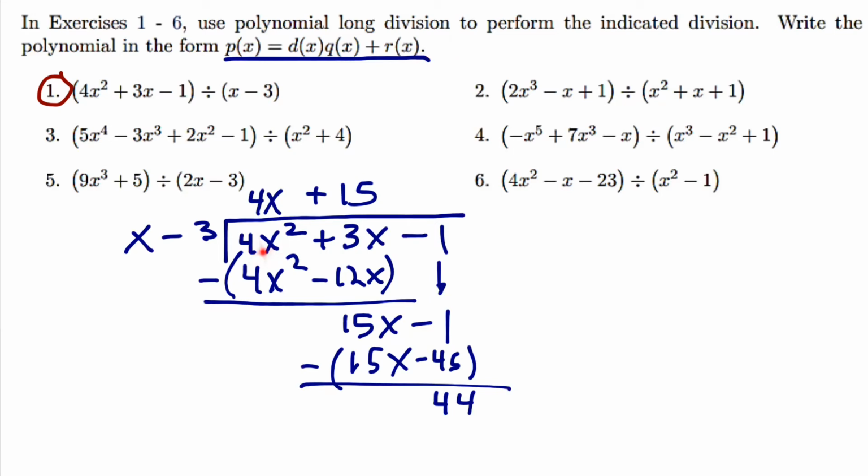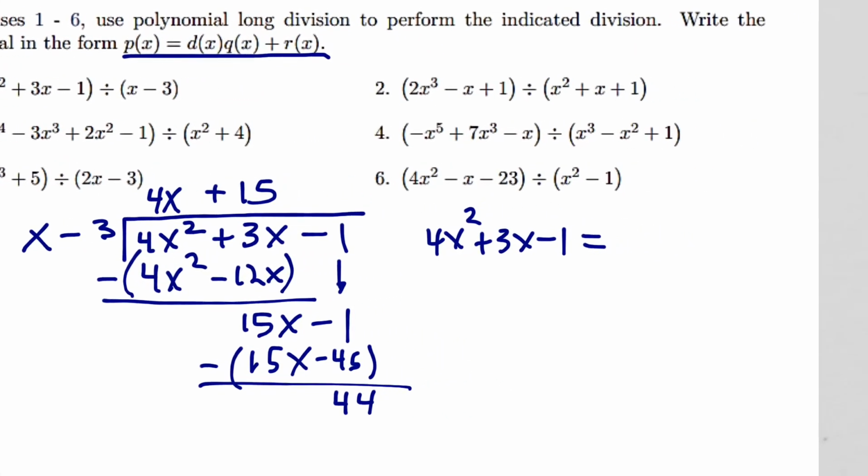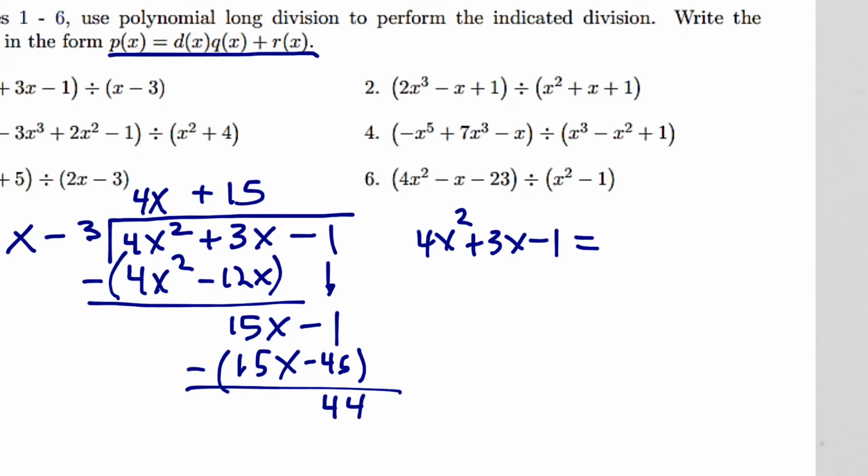P of x is my polynomial, which is my dividend. So 4x squared plus 3x minus 1 is equal to d of x. D of x is my divisor, x minus 3, times q of x.